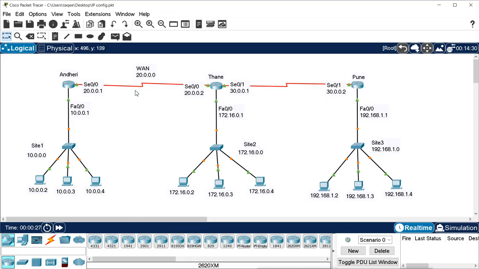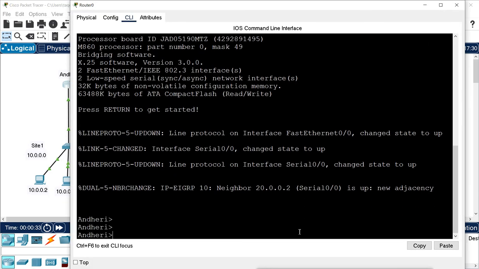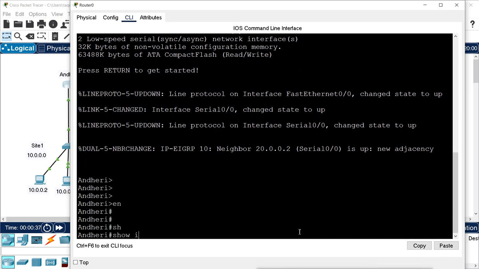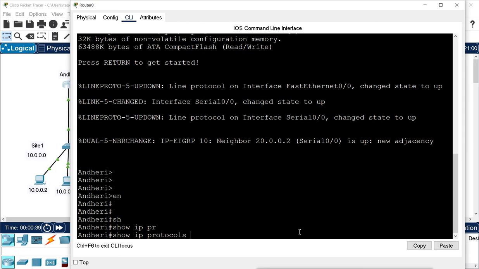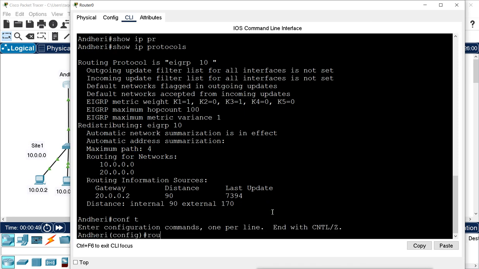Here we don't have multiple paths, but if you have multiple paths, then you can enable the variance. By default, as we can see using the show ip protocols command, the variance value is set to 1, which means it only supports equal paths. But if you want, you can change it using the variance command.